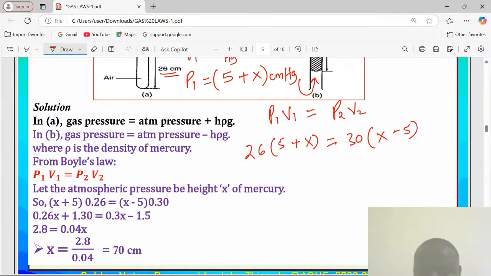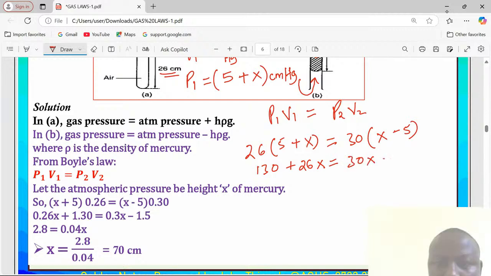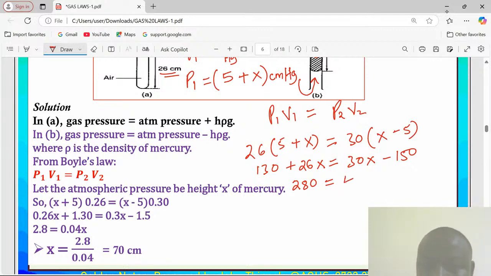So 26 by 5 is going to give me 130 plus 26x equals 30x minus 150. Grouping like terms together, we will have 130 plus 150, that is 280, equivalent to 30x minus 26x, we're going to get 4x.